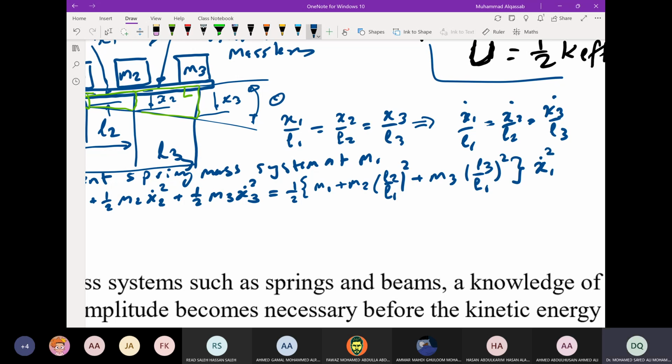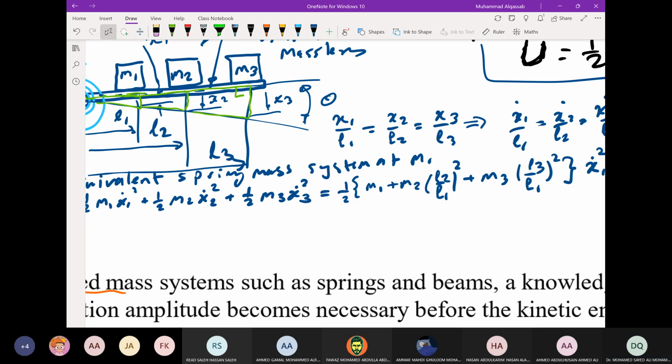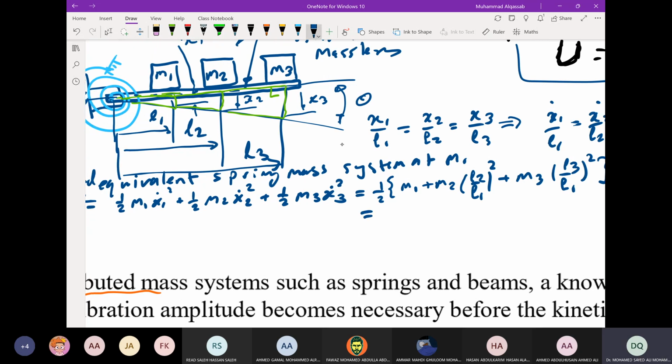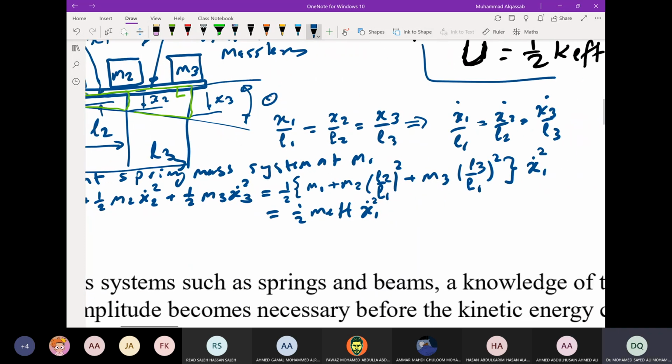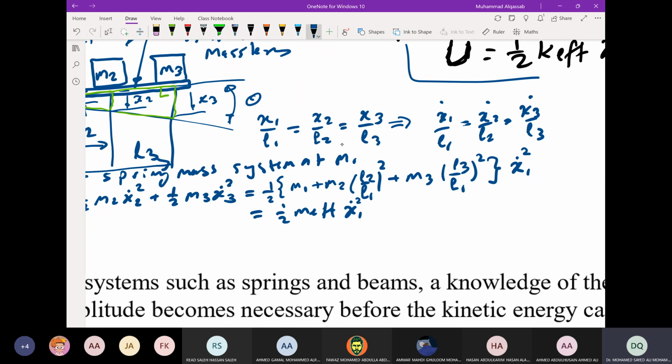So as you can see, there is M effective between the factor half and X1 dot squared. This equals 1/2 M effective X1 dot squared, and whatever we have in the curly brackets is the M effective.